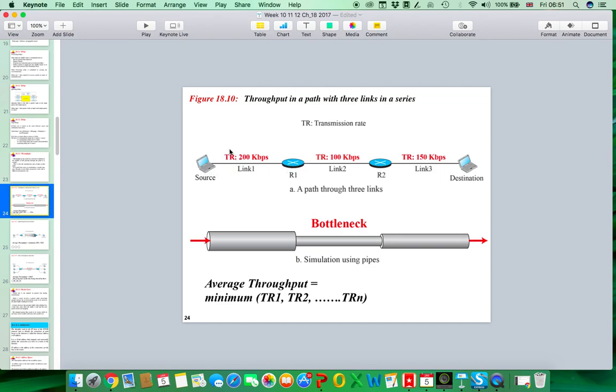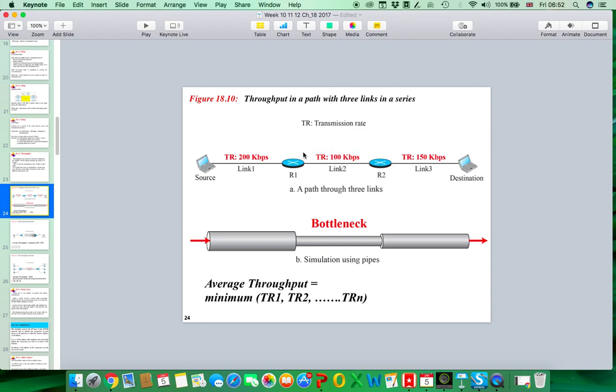So the transmission rate for link 1 is 200 kbps, link 2 is 100 kbps, and link 3 is 150 kbps. So in this case, initially you get a high speed, then it becomes quite low.